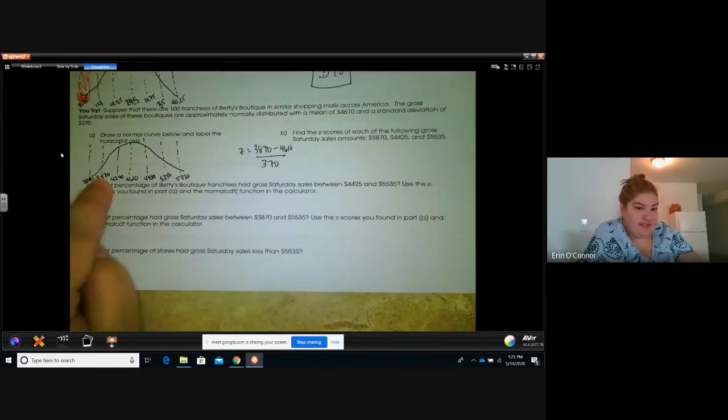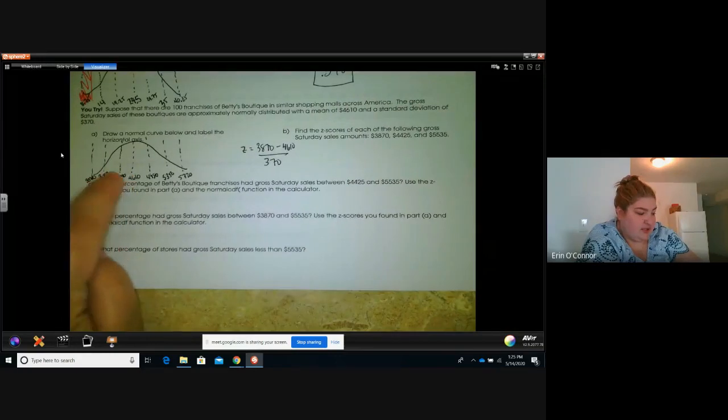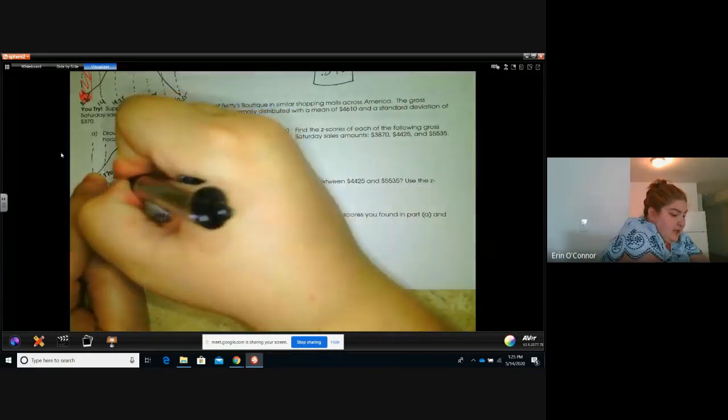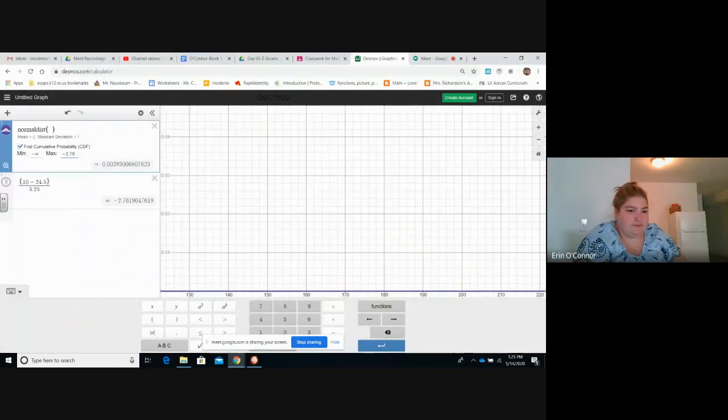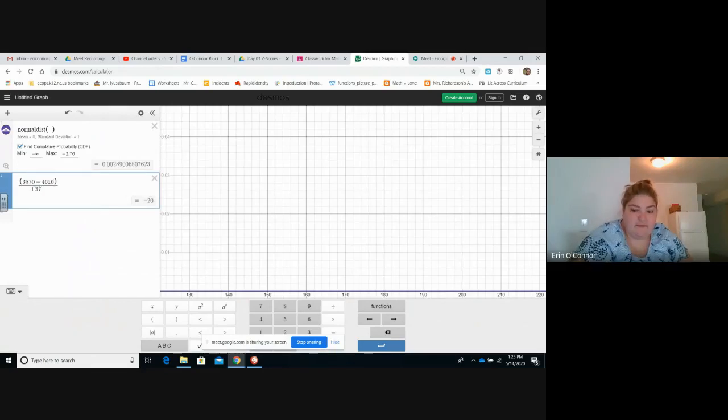Because 3870 is on here, meaning it's 2 standard deviations below the mean. So let's make sure we get 2 standard deviations below. All right, so this one is 3870 minus 4610 divided by 370. And I get negative 2, or 2 standard deviations below.